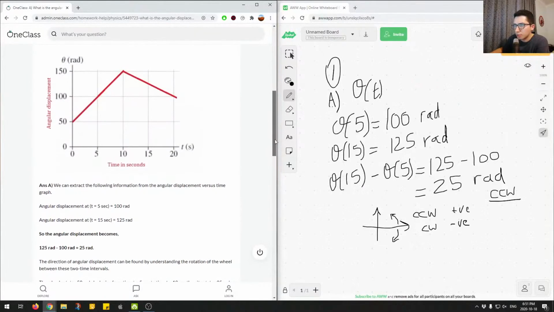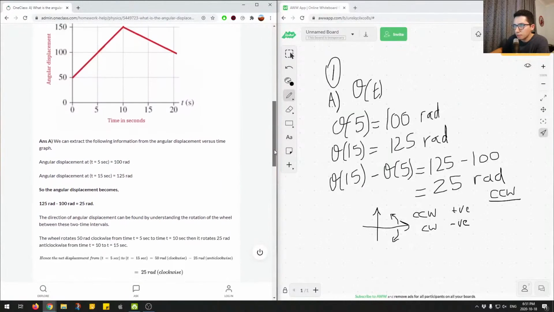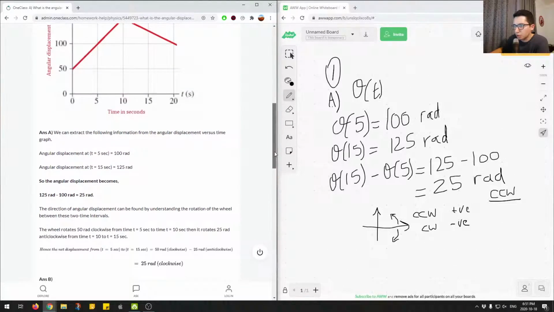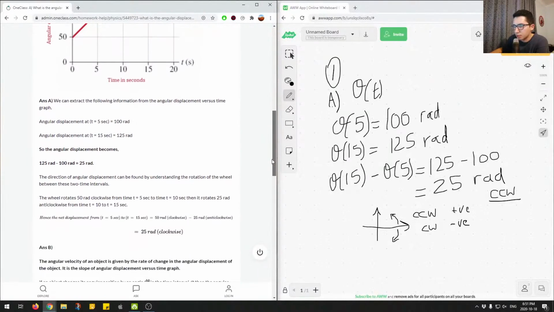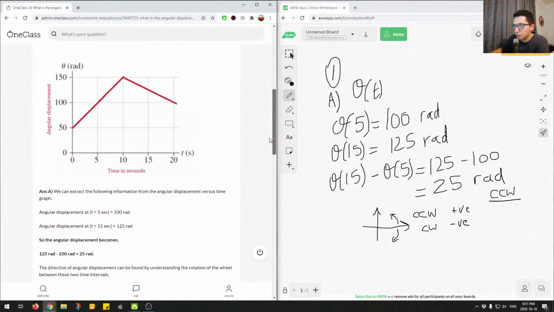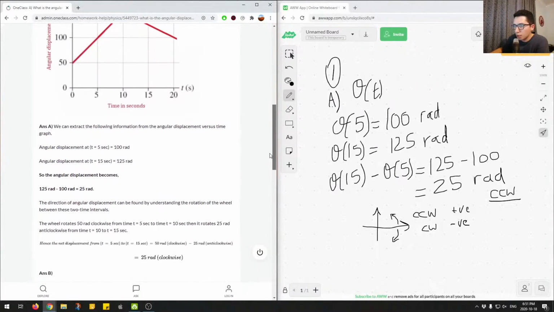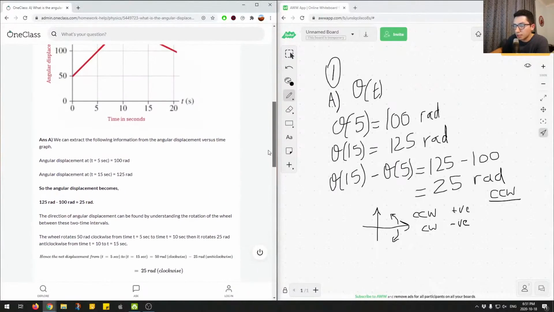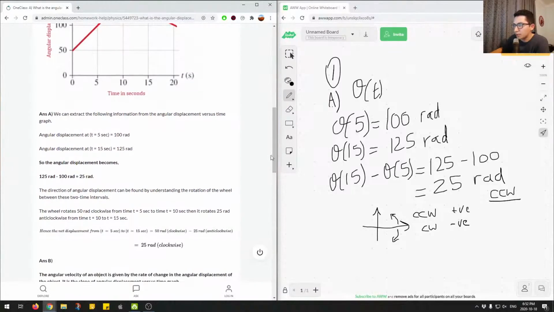So angular displacement is increasing, and then angular displacement is decreasing. Since we're asked for displacement, not the distance traveled, we only care about the 2 points: at time equals 15 and at time equals 5.